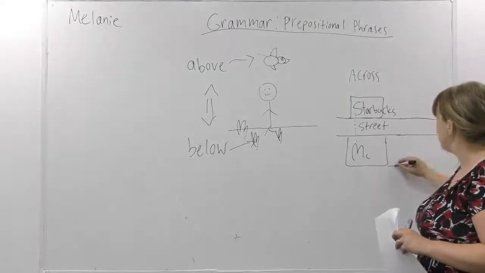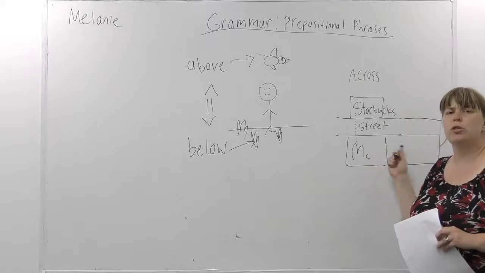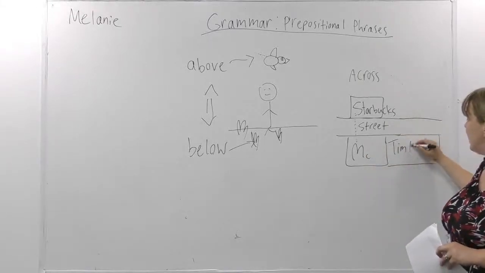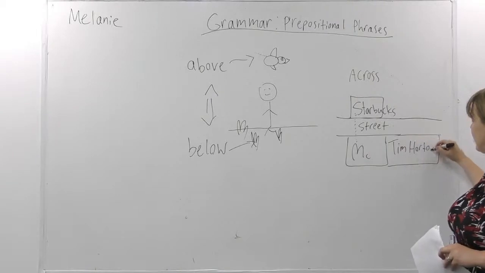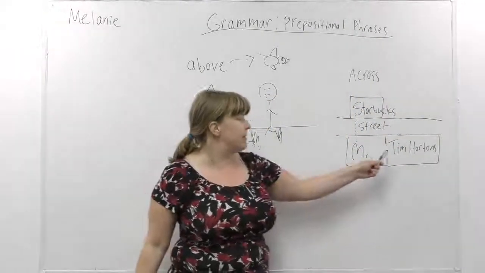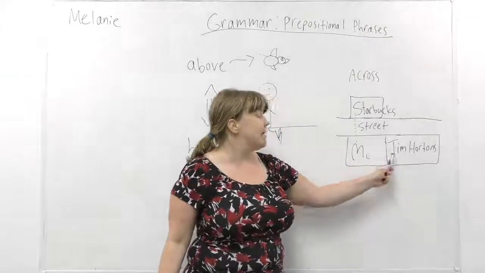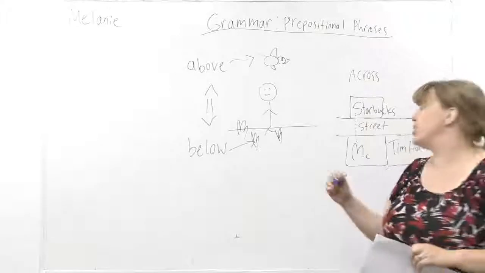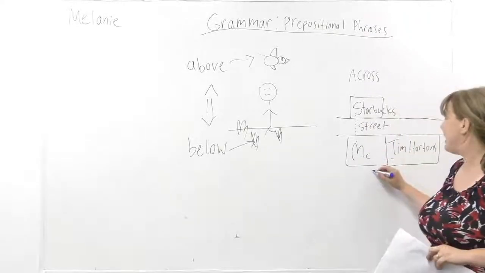Okay, so here we have McDonald's. What else? Tim Hortons. That's another really good Canadian chain. Okay, so here we have McDonald's and then we have Tim Hortons. These two are next to one another or beside.